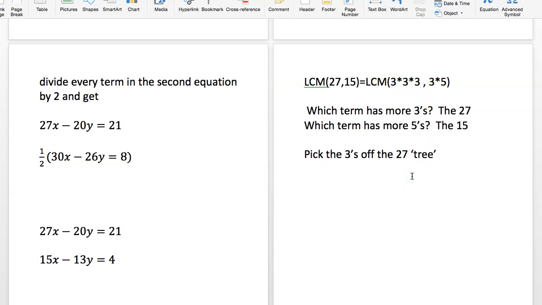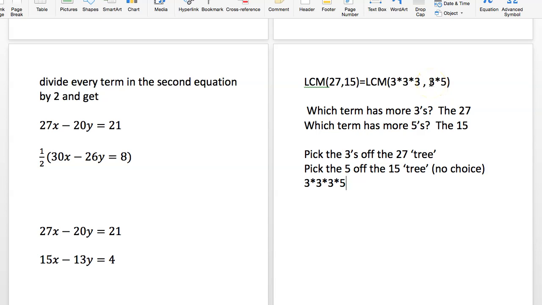So we get 3 times 3 times 3, and then obviously pick the 5 off the 15 tree. No other choice. So the only 5 you got to pick is this one. Now we can't use this 3 here. It's against the rules.